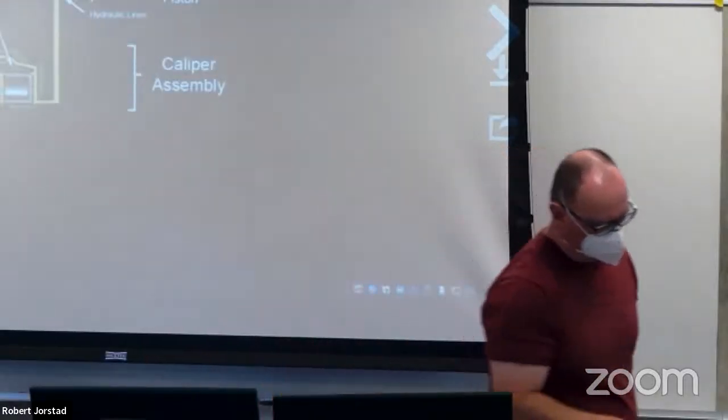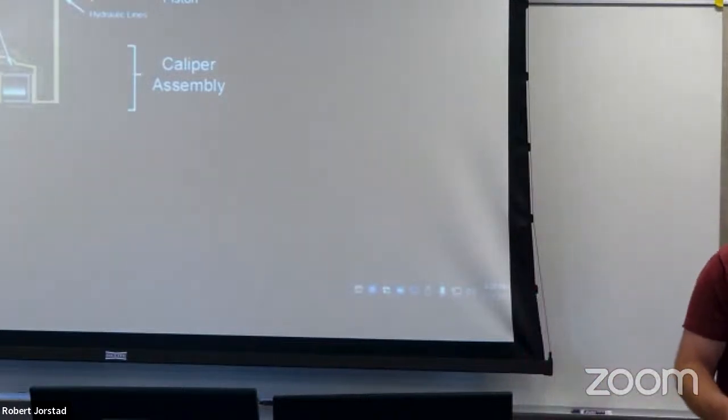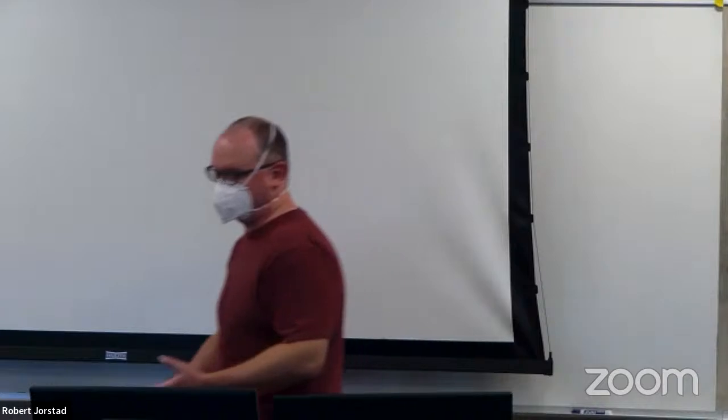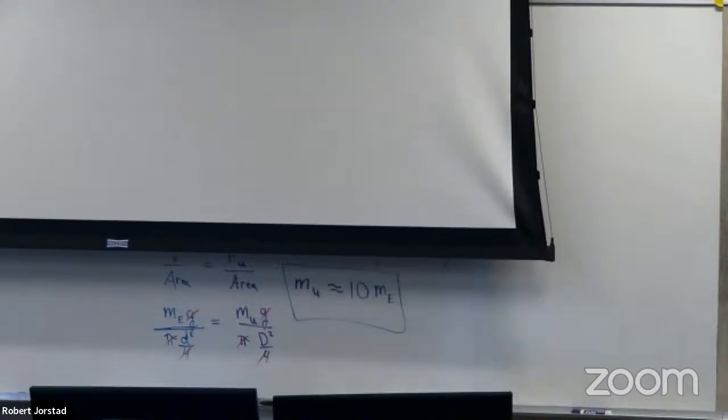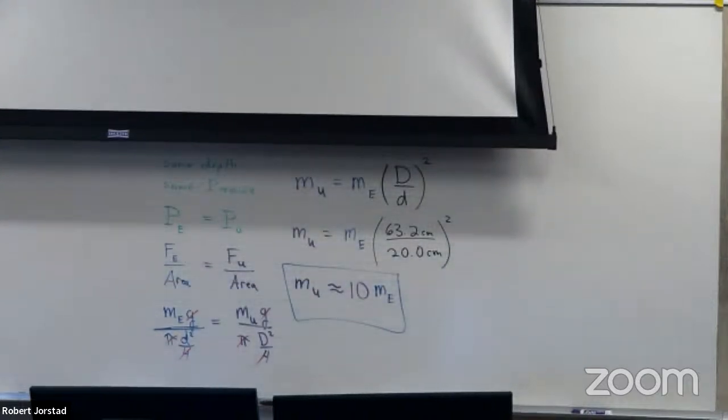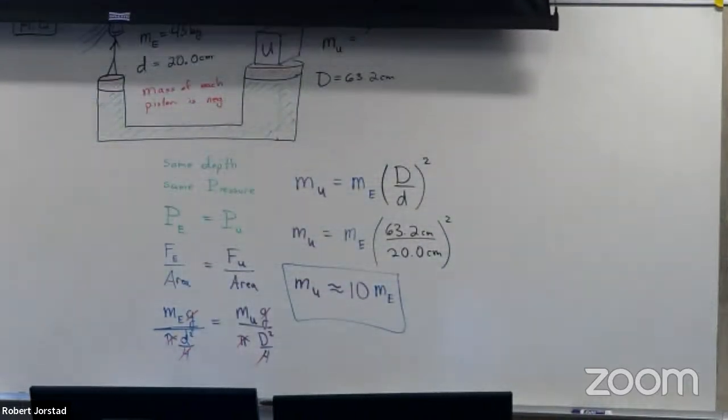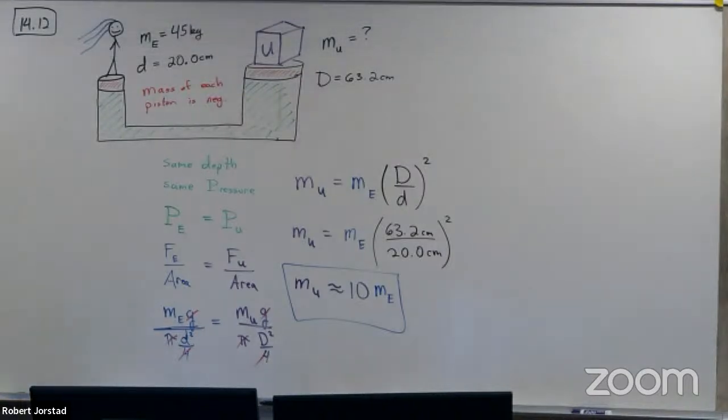So you could start looking at 14.13, and you could imagine it's basically doing a chapter 12 statics problem where you have a rod with a pivot and you apply a force, and then you use a lever arm to magnify the force, and that allows the force from your hand to lift a vehicle off the ground. It's pretty amazing when you think about it, right?